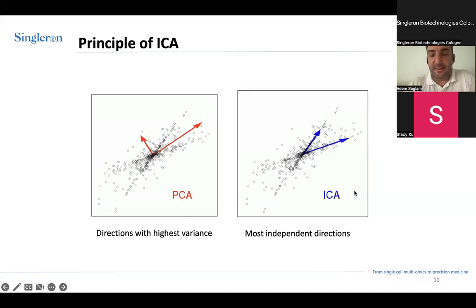In ICA, however, which is independent component analysis, the idea is to find the independent components that, when you sum up their effect, make it possible to explain the data. So here, the directions are basically pointing along the branches of the X shape.